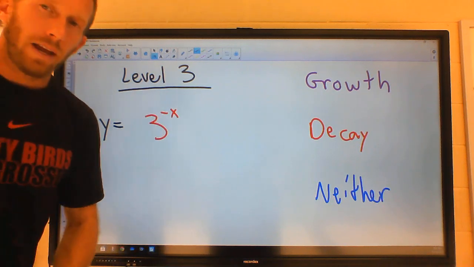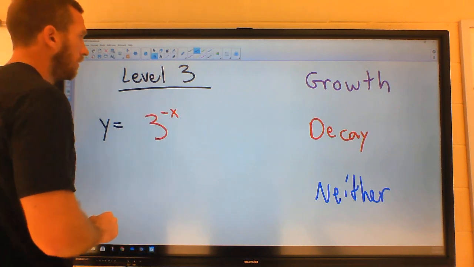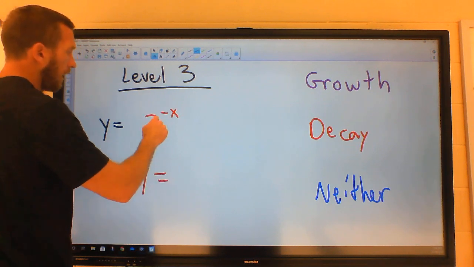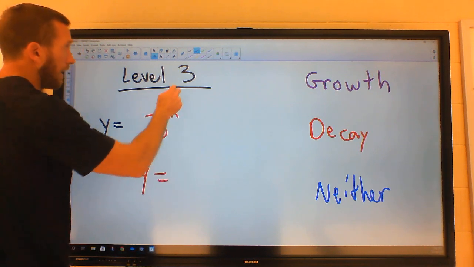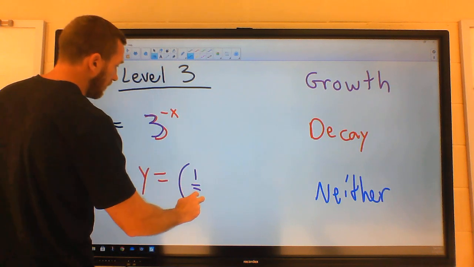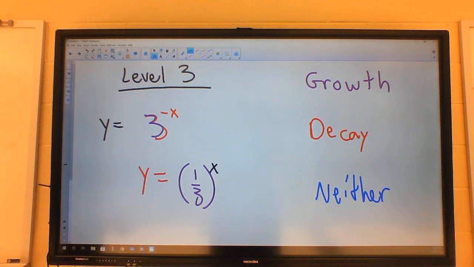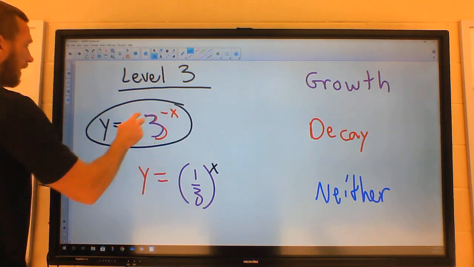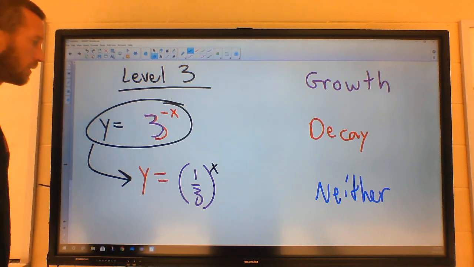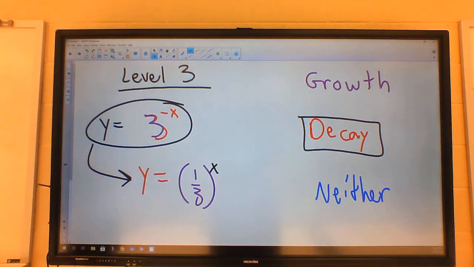When we have a negative exponent that is our variable, it is as if this problem has been flipped and this base is now the reciprocal base. You with me on that? So this function actually becomes this function. That's what the negative exponent does, which makes this a decay problem.